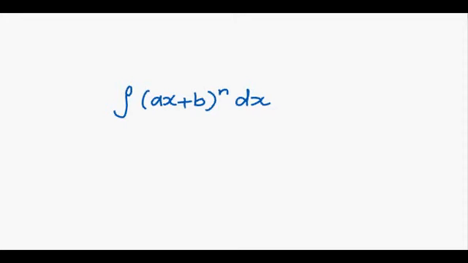So again, I'm just going to share with you the rule. And the way this is dealt with is really simple again. You take that whole bracket, ax + b, and you increase the power on it by 1, to n + 1. This is looking kind of familiar.